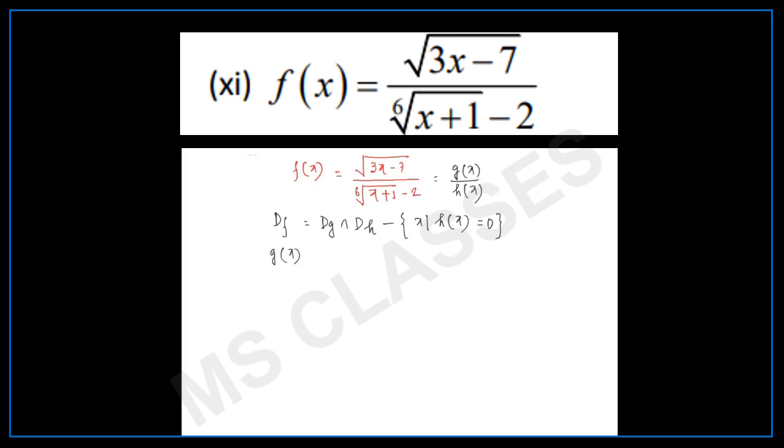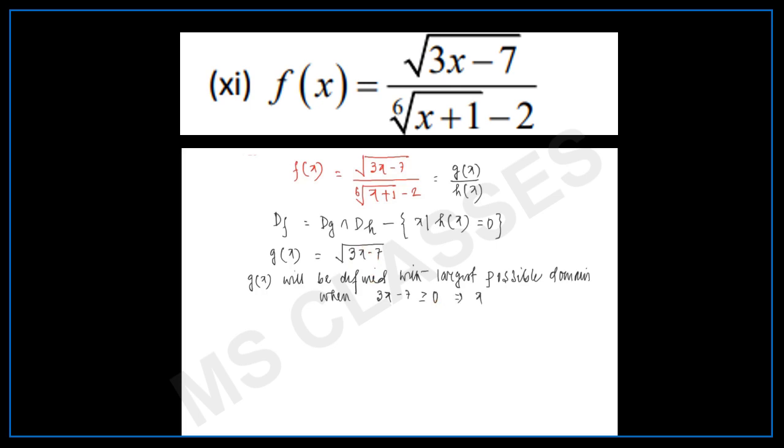So we'll try to find the domain of g(x). g(x) is the square root of 3x minus 7. Now this will be defined with the largest possible domain when 3x minus 7 is greater than or equal to 0, since it is only a square root we are dealing with.